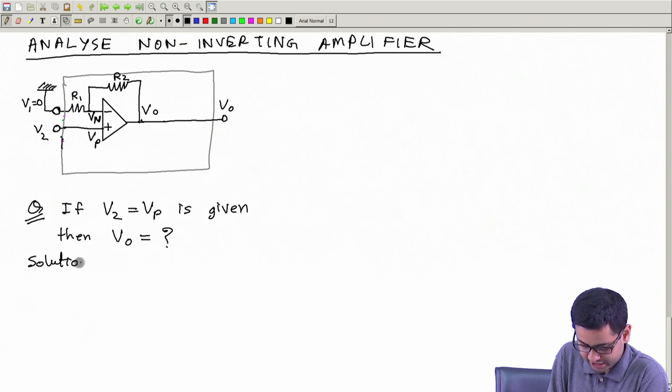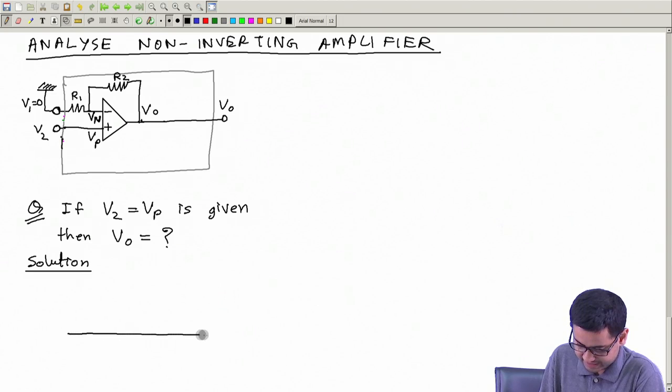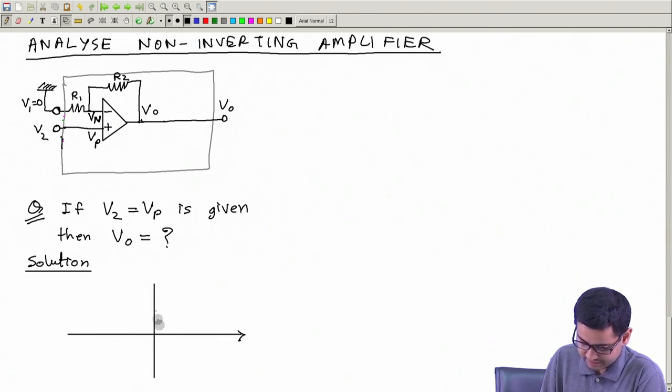So let's try the solution. So we have to use the static characteristic. Here x axis is what? Vp minus Vn, and this is Vo, and we know it looks like this.